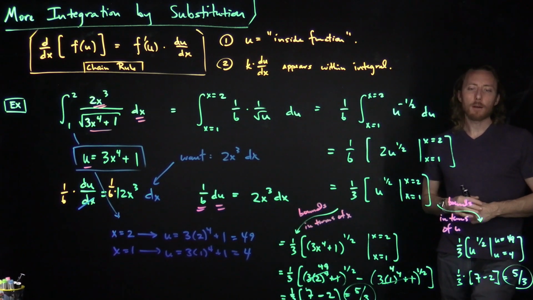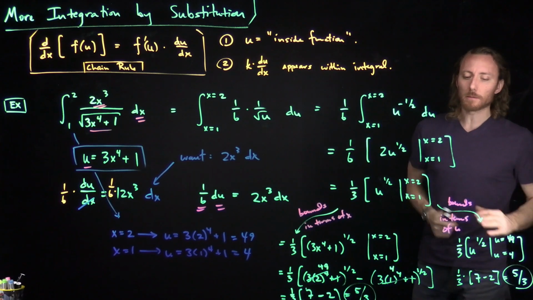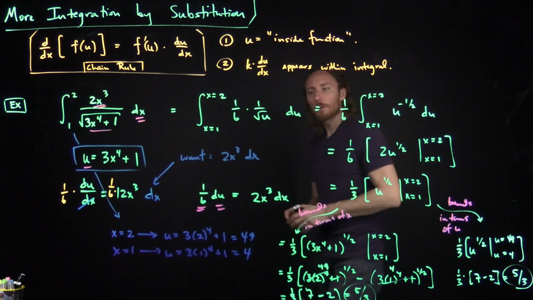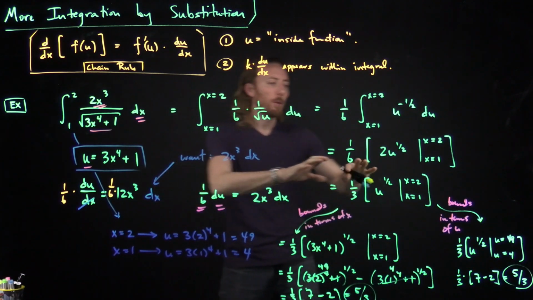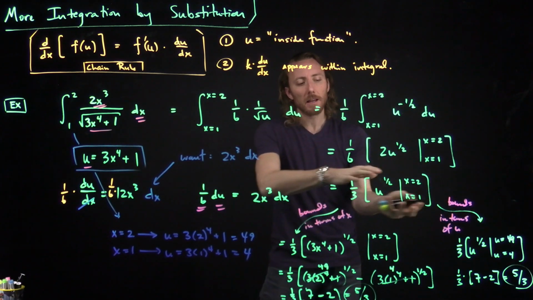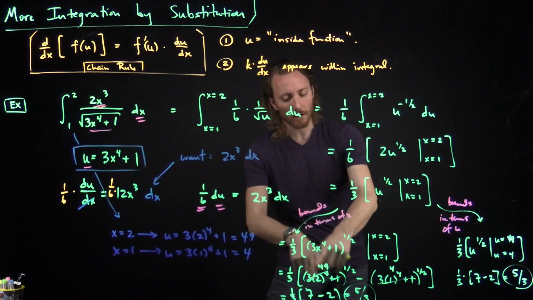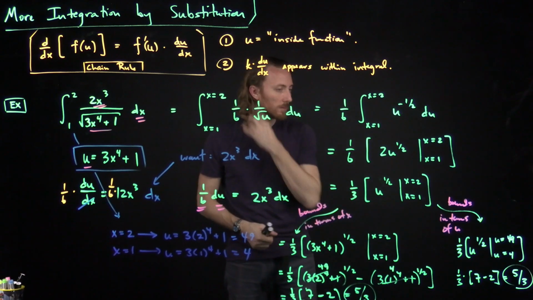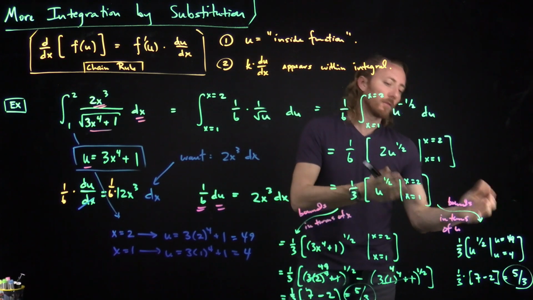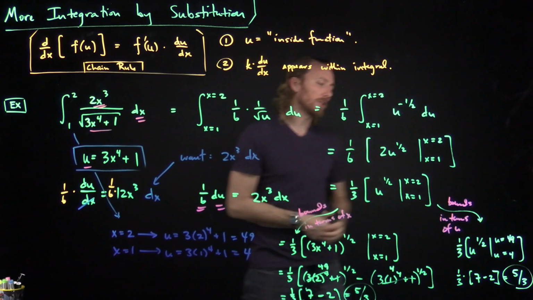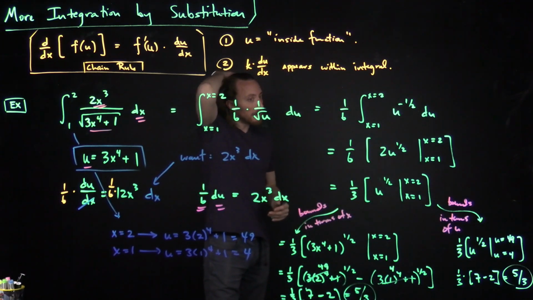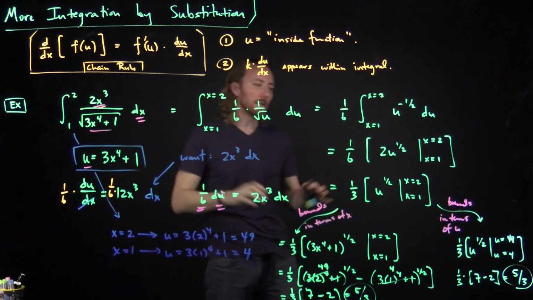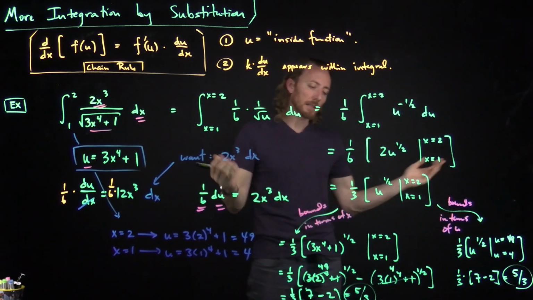So I'm making a sales pitch in some sense for using bounds in terms of u, but knowing full well that both of these methods, either going back to bounds in terms of x and rewriting our antiderivative function in terms of x, or skipping the step of writing our antiderivative in terms of x and instead just converting our bounds to u, both ultimately lead to the same result, which in this case is 5/3.